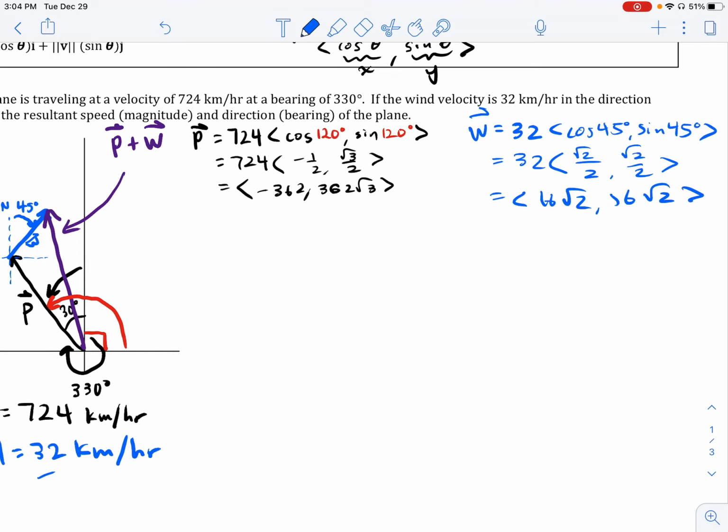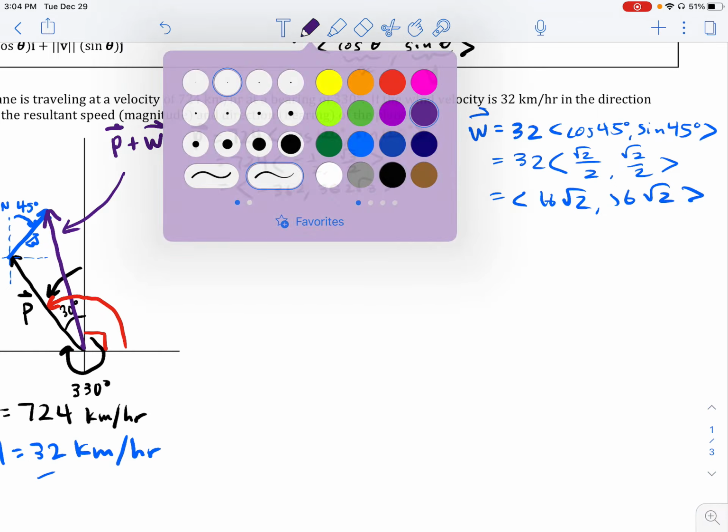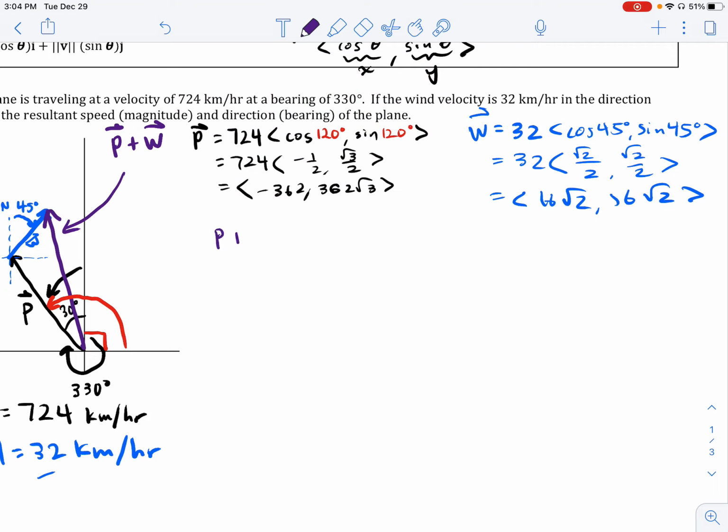Okay, so now that we have this, our resultant vector P plus W is simply the sum of these two vectors. And in our previous lesson, we talked about how to add vectors. So we're going to add our horizontal components.